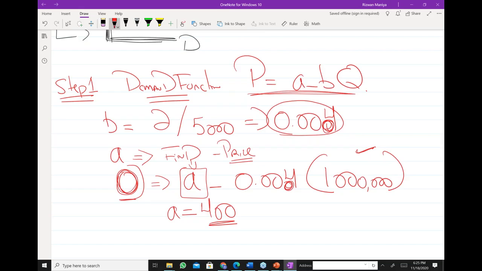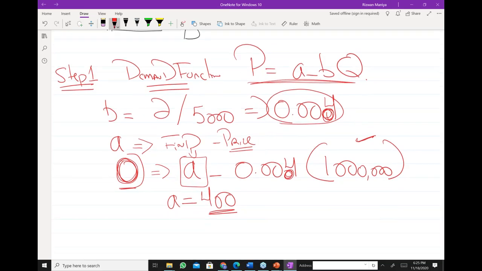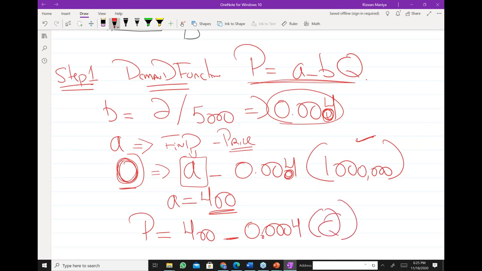Okay, so now the function is P is equals to 400 minus 0.0004 Q. So here you have the demand function, step 1 done. Out of 12 marks, for step 1 you had 1.5 marks.